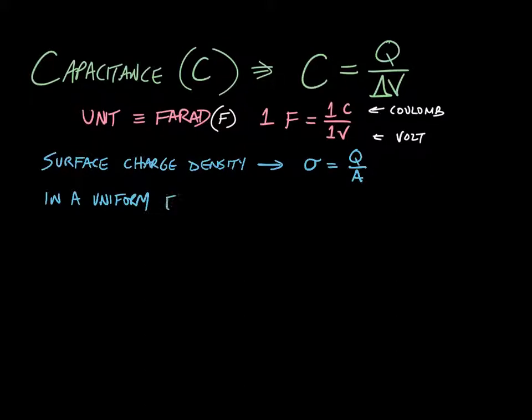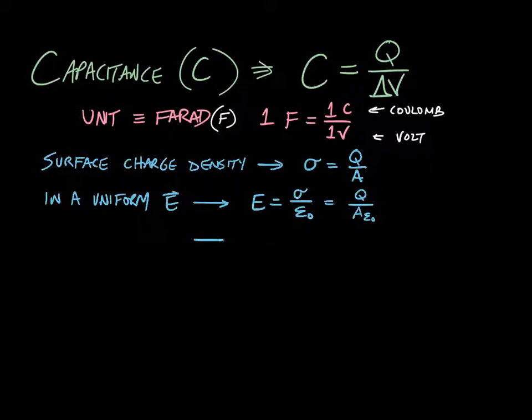So in a uniform electric field, the electric field is defined as surface charge density per this epsilon naught, this permittivity of free space. So really that just comes out to be Q per A epsilon naught. There's 2 ways to write that.